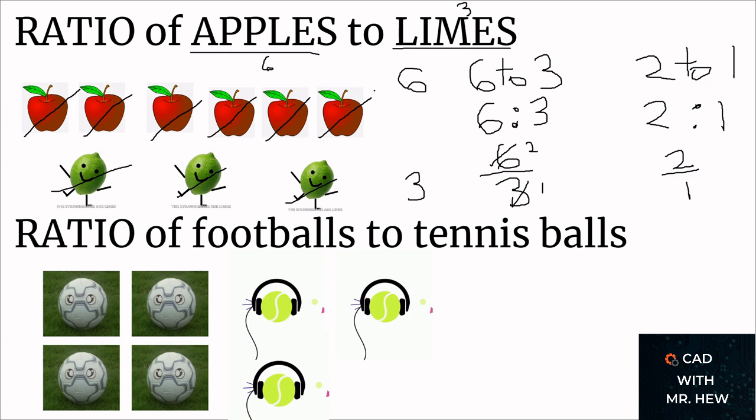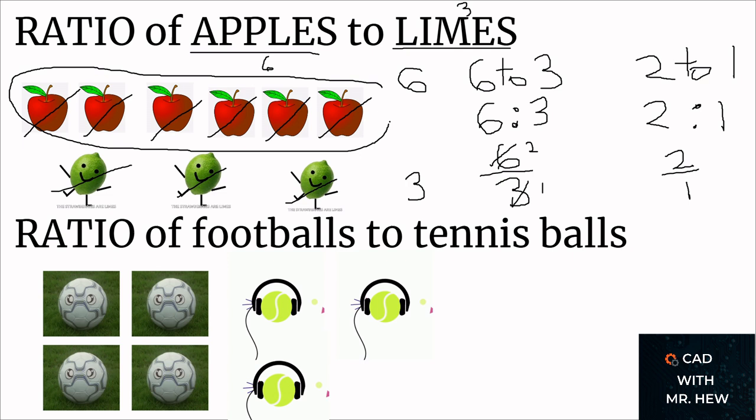Let us show you the first expression now. Originally we had 6 apples to 3 limes. But then we simplified the ratio and we got 2.